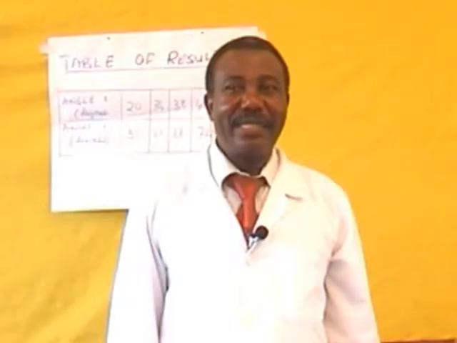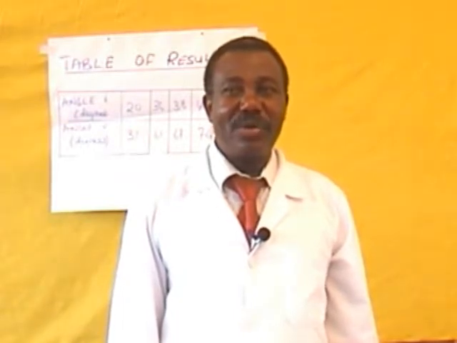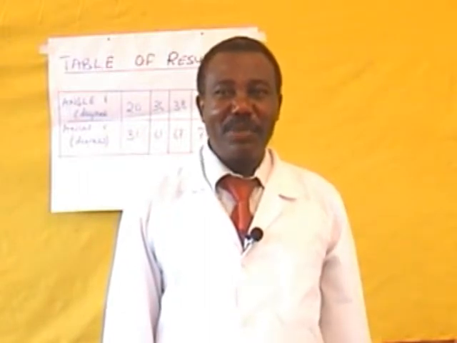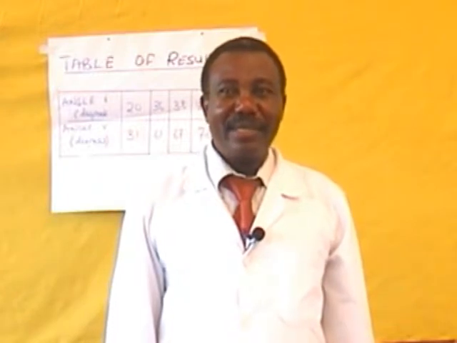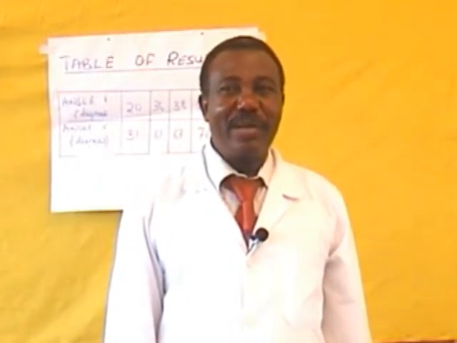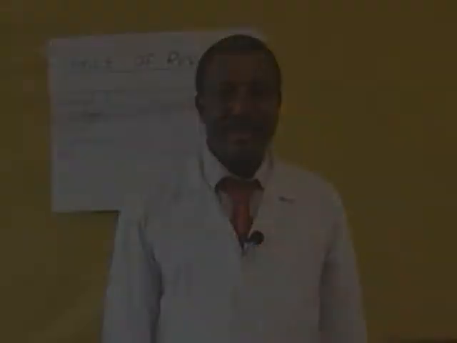When light passes from a denser medium to a less dense medium, it bends away from the normal if the angle of incidence is smaller than the critical angle. When the angle of incidence is greater than the critical angle, total internal reflection occurs.